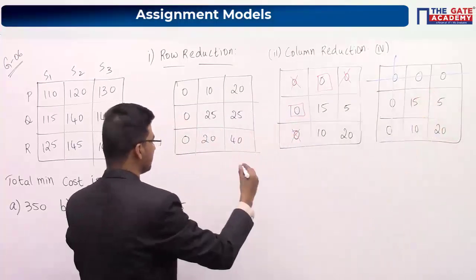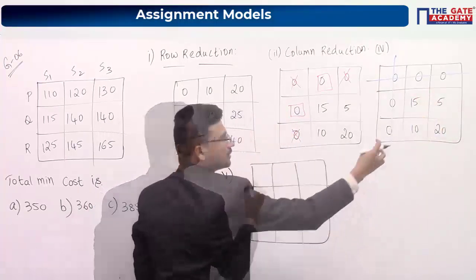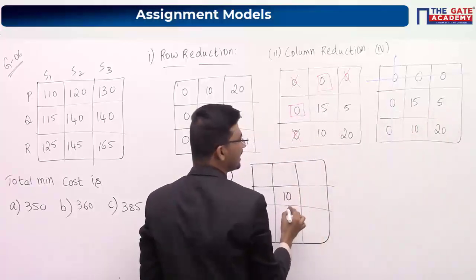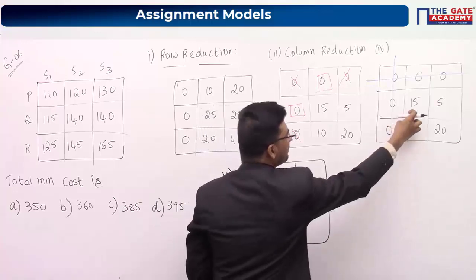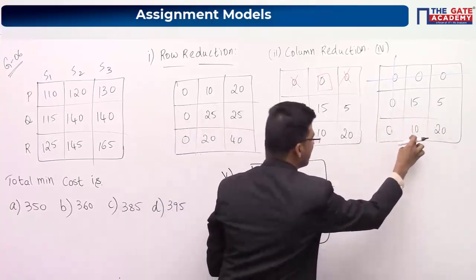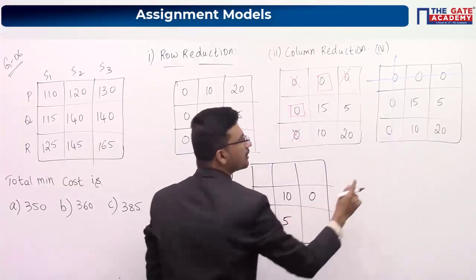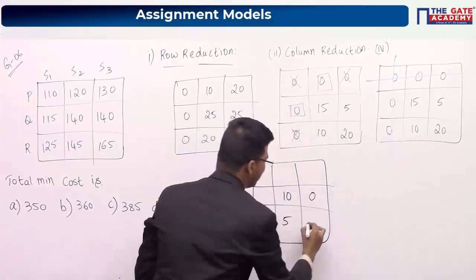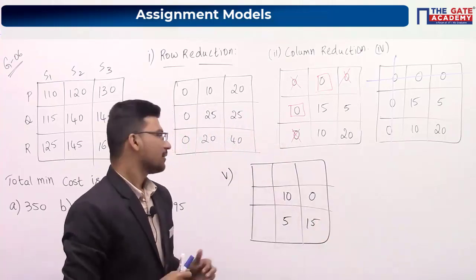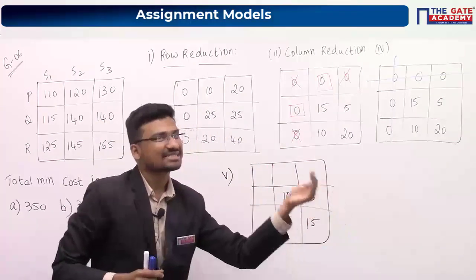So 15 minus 5 is 10, 5 minus 5 is 0, 10 minus 5 is 5, 20 minus 5 is 15.